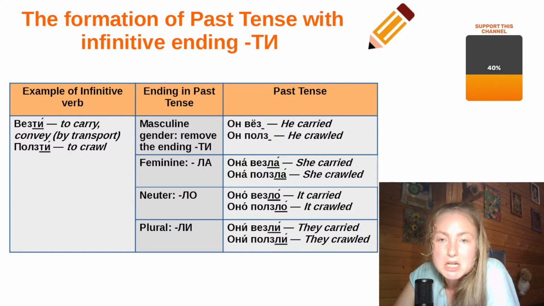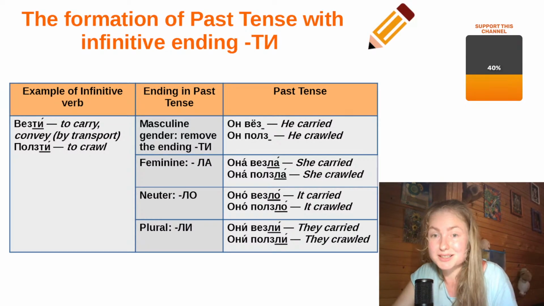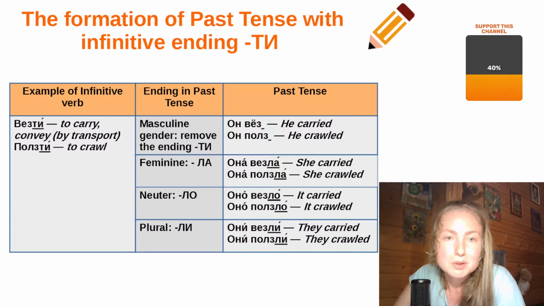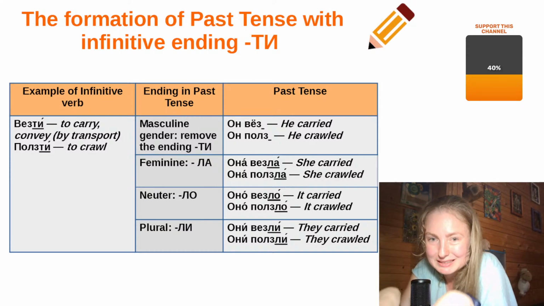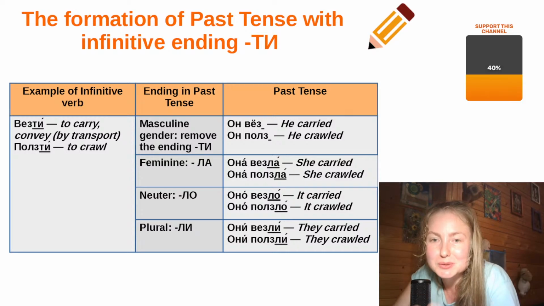So how do we produce the past tense from these verbs? This is quite a small group of verbs in Russian language, but of course you need to know what happens with them. Examples of such verbs are вести, to carry or convey by transport, or ползти, to crawl. As you see, these two verbs end on ти.